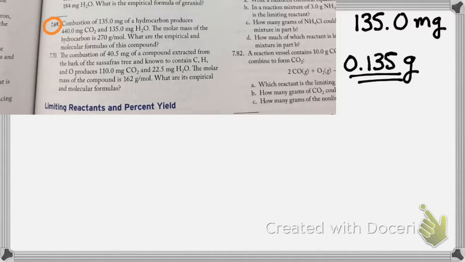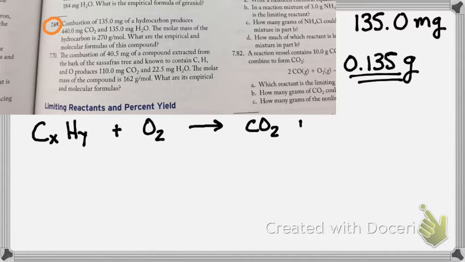So this hydrocarbon, which of course is only going to have carbon and hydrogen atoms, is subjected to combustion, which means I react it with O2 gas, and it's going to produce CO2 gas plus liquid water.